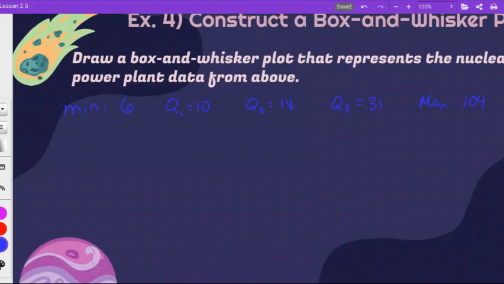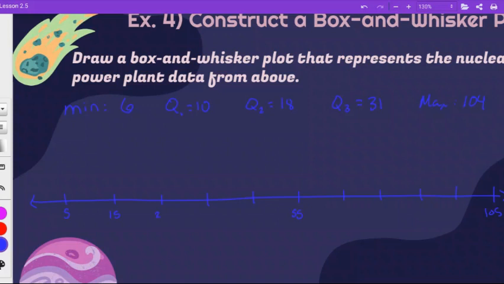Okay, so I'm going to draw a horizontal axis that will span from our lowest, so that's 6, so we'll say 5, and we'll go up by 10s each time: 15, 25, 35, 45, 55, 65, 75, 85, 95, 105.